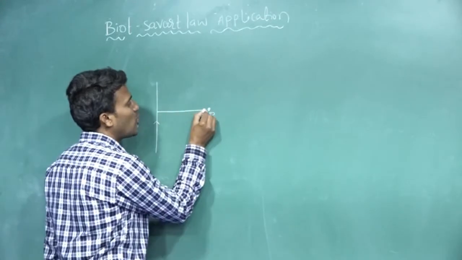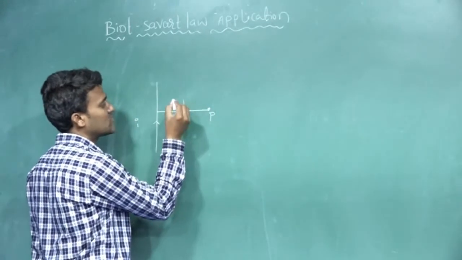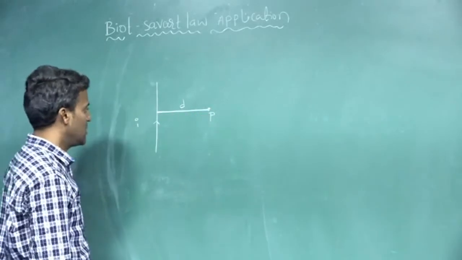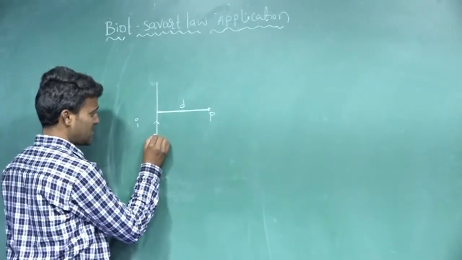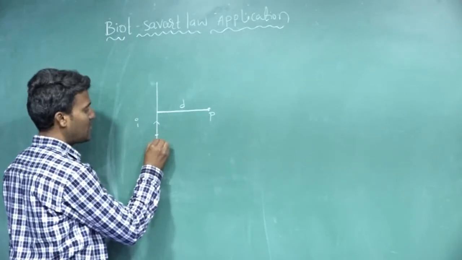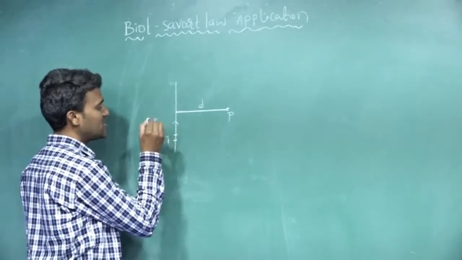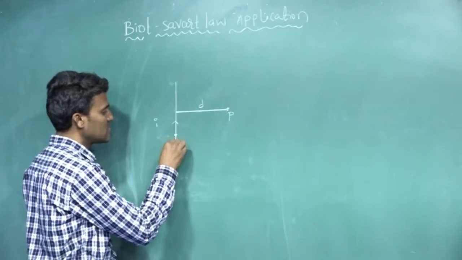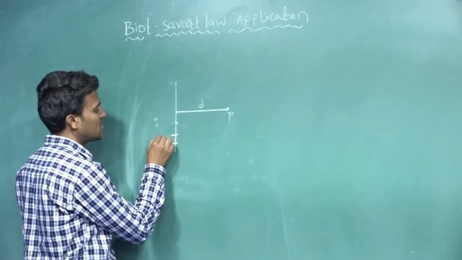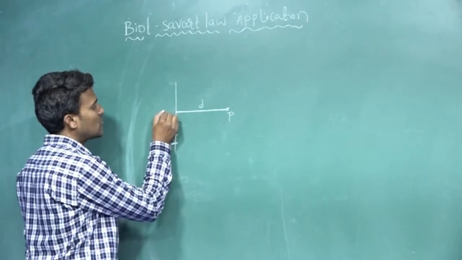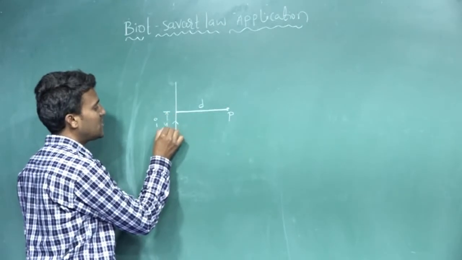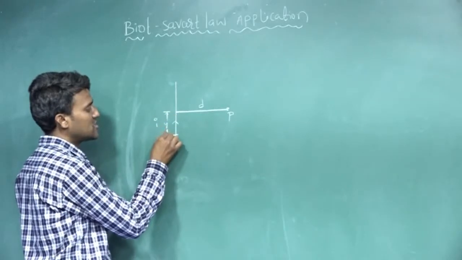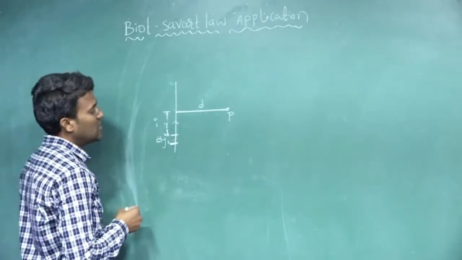From the conductor to point B, the distance is D. I selected one element, and the length of this element is dy. From this point to the element, the distance is y.